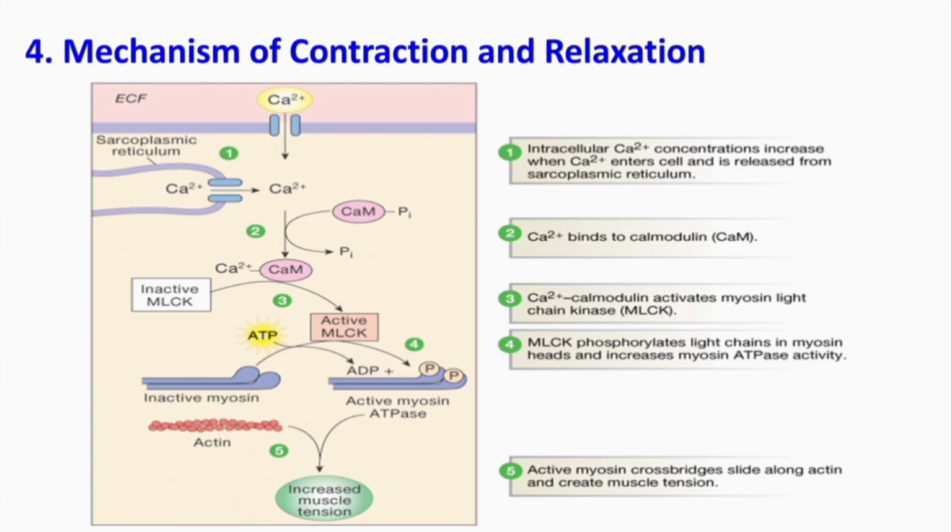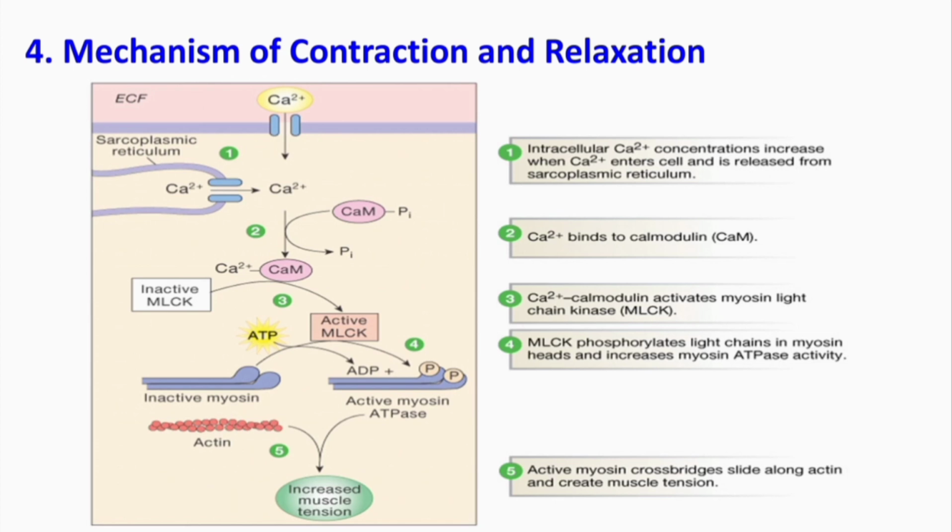In this way, the smooth muscle cell can contract up to 80% of its length, in contrast to skeletal muscle cells, which can contract only 30% of their length. As long as the myosin head is attached to the actin filament, contraction will be maintained.